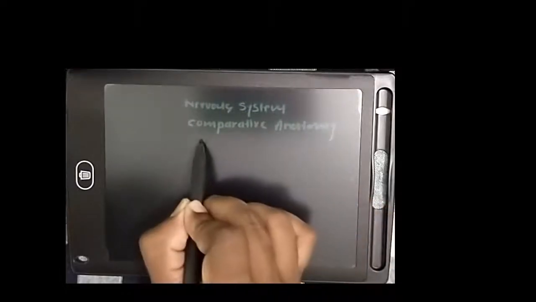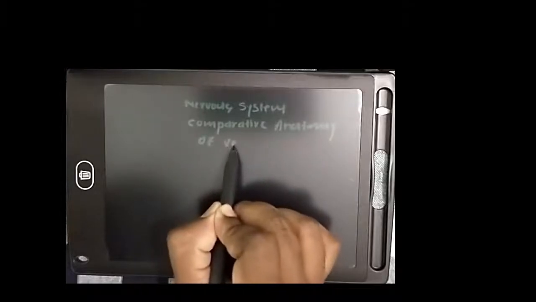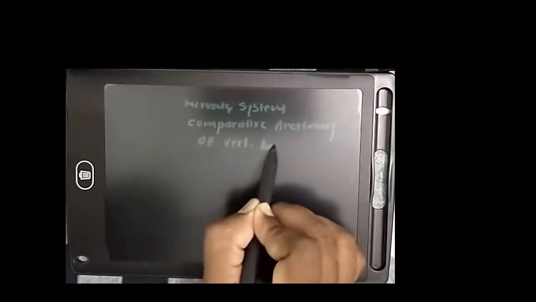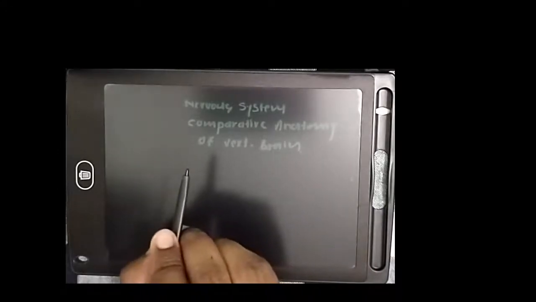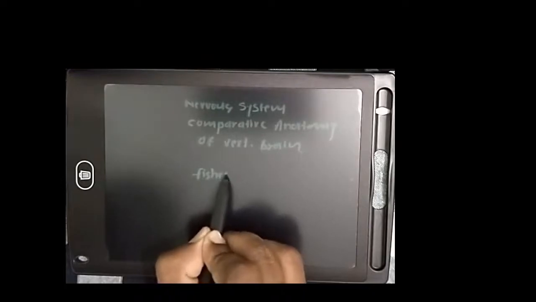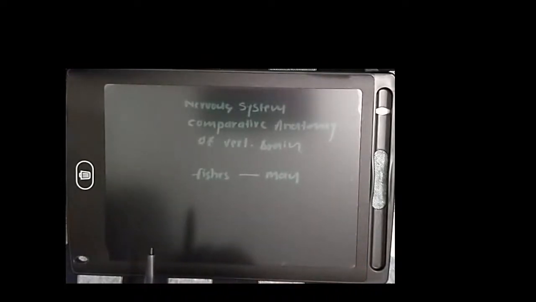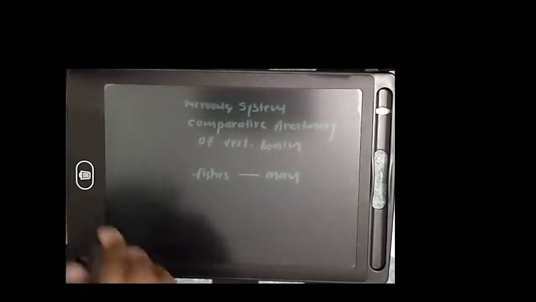This is a very important topic, comparative anatomy of vertebrate brain. See, the brain of all vertebrates from Pisces to man is built in accordance with the same basic architectural plan.